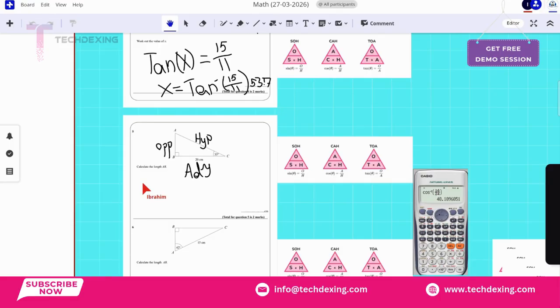AB is opposite, so that side will be x. So we're gonna involve this one and this one, right? Yes. So which formula do we need to use? Opposite and adjacent. Okay, perfect.